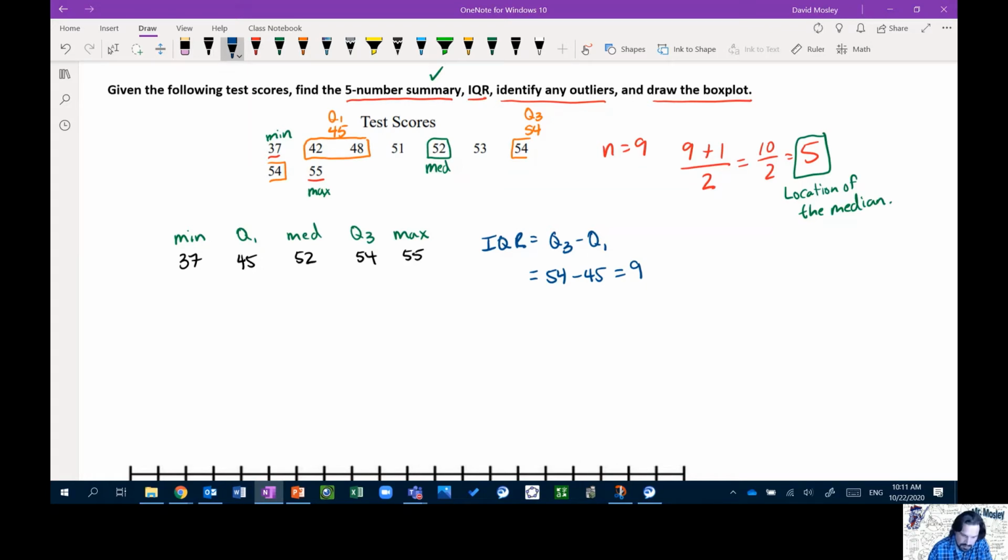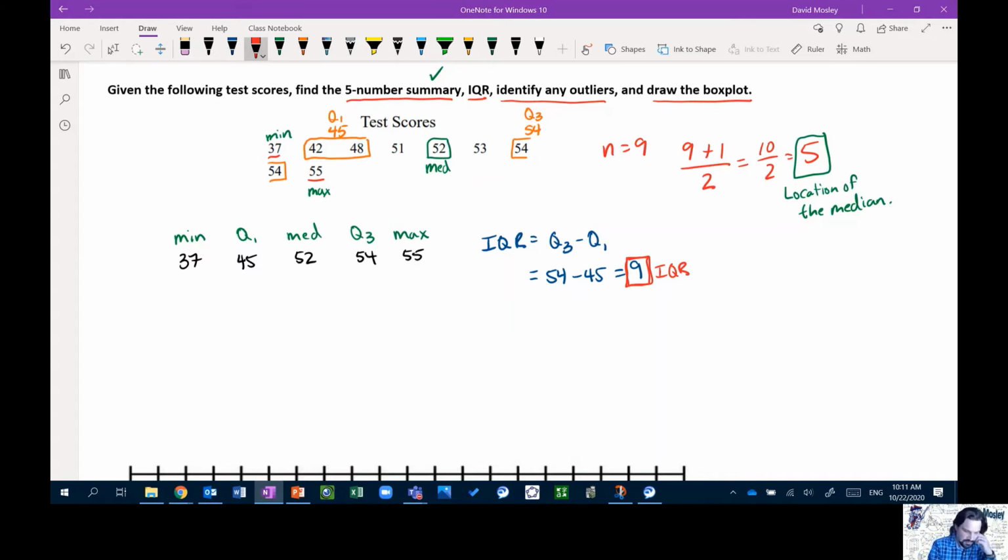So the value of the IQR is 9. This is the width of the box on our box plot, and it allows us to use the 1.5 times IQR to identify outliers.